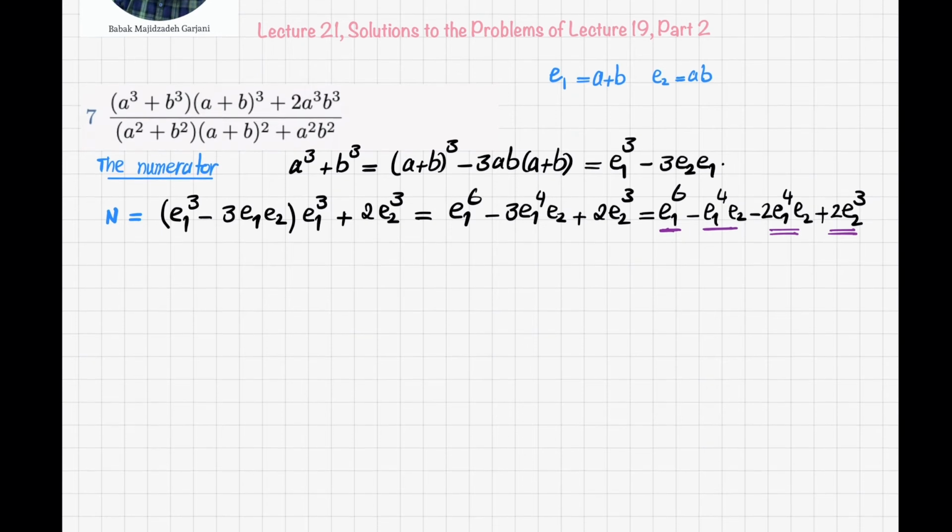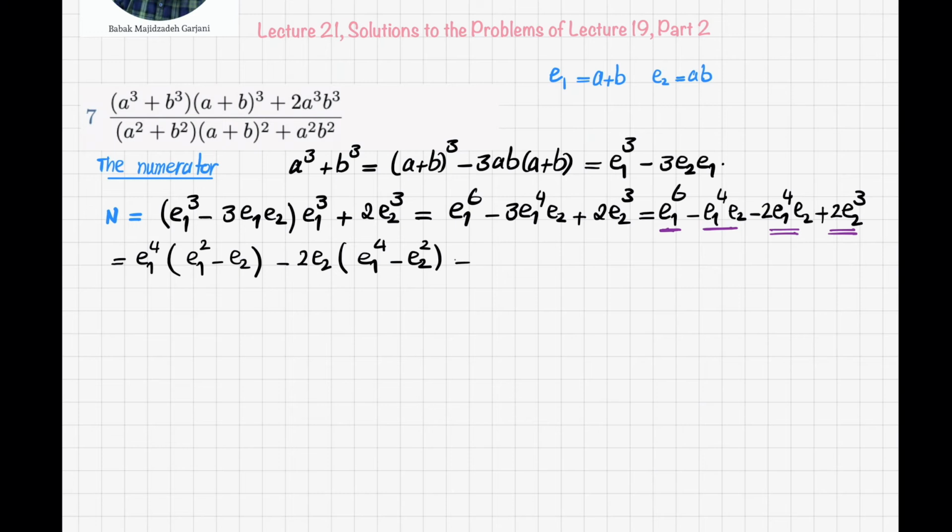Okay, so from the first group I can pull out an e1^4, so what is left for me is e1^2 minus e2. And from the second pair I can pull out negative 2 e2, and then what is left for me in the first one is positive e1^4 but negative e2^2.